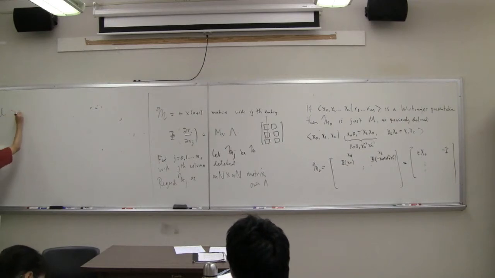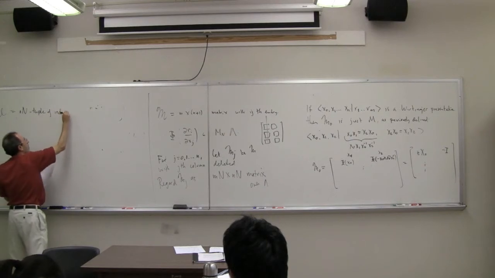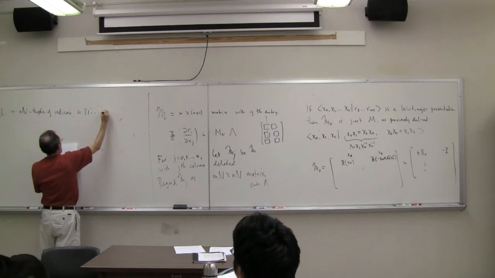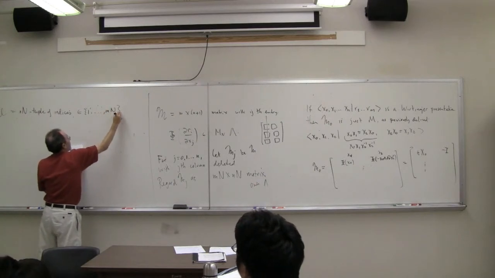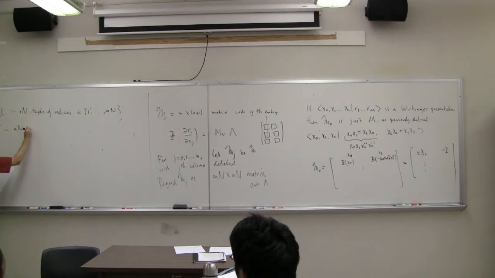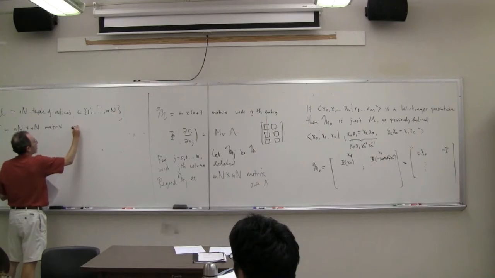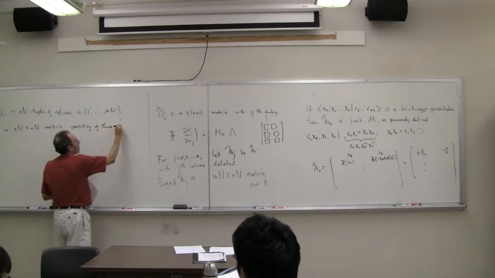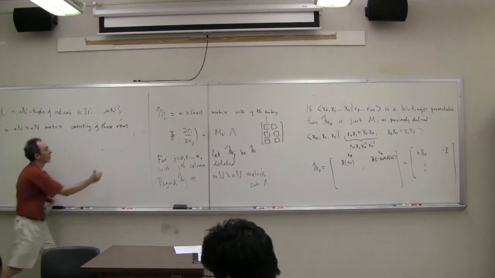Let I be an n-tuple of indices in 1 up to mn, and let M_j^I be the n by n matrix consisting of those rows of M_j.